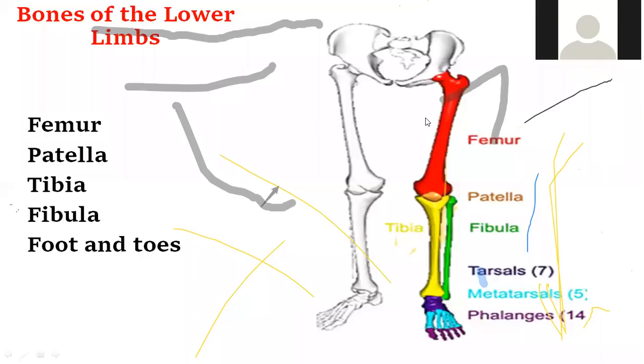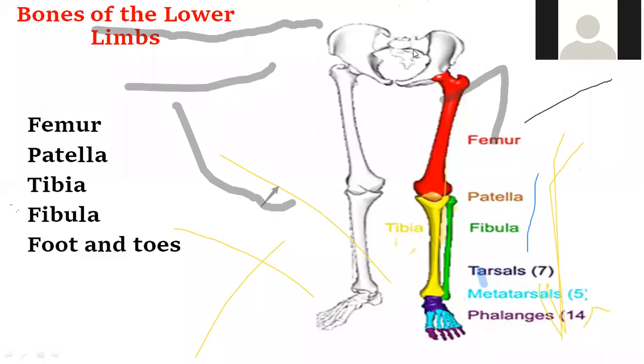The fibula forms the proximal end and articulates with the underside of the lateral condyle of the tibia. Then the distal fibula articulates with the fibular notch of the tibia. And that is just about the bones of the leg, the tibia and the fibula.